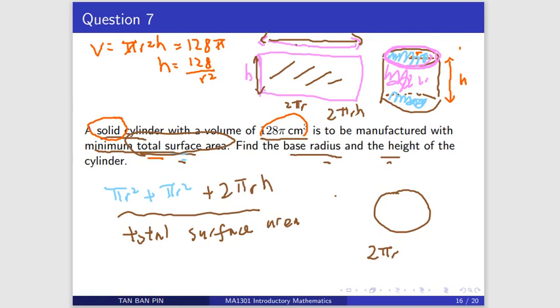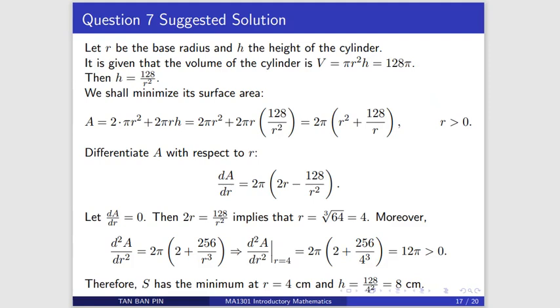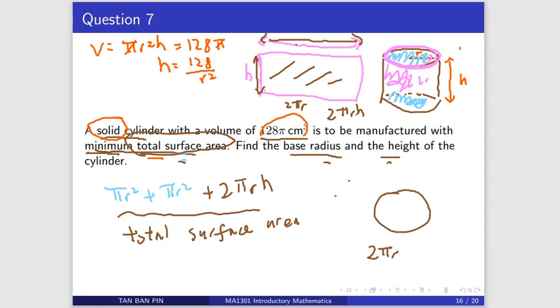So with all this, we can now find the base radius and the height of the cylinder, where we want to minimize the total surface area. We let r be the base radius and h be the height. The volume of the cylinder is πr²h, fixed to 128 because you want to make a solid cylinder with volume 128.